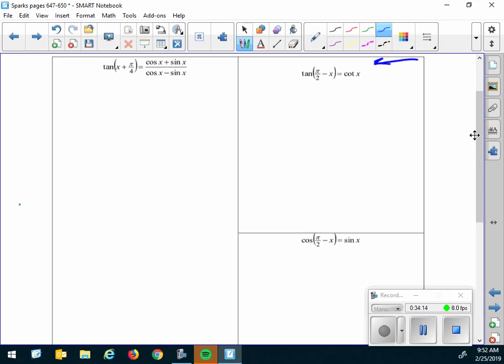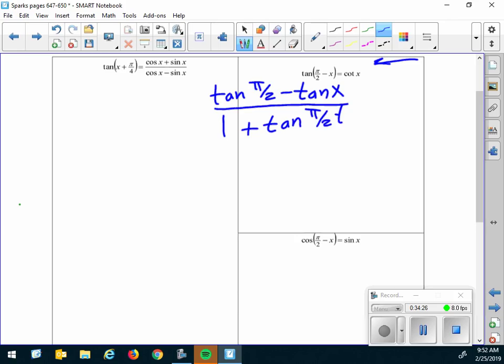Tangent with a minus, so that's tangent of the first minus tangent of the second over 1 plus tangent of the first tangent of the second. Tangent of pi over 2, well, that's sine of pi over 2 over cosine of pi over 2.